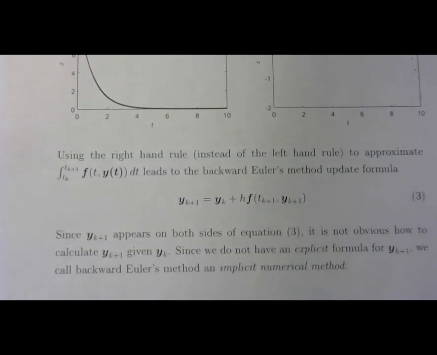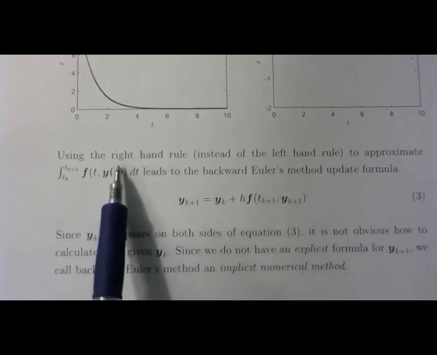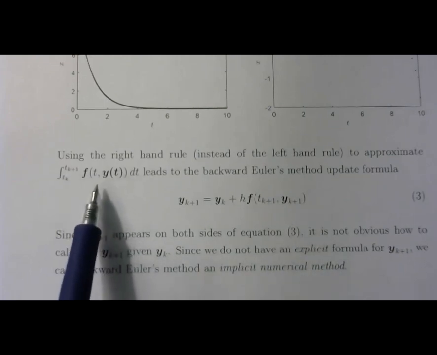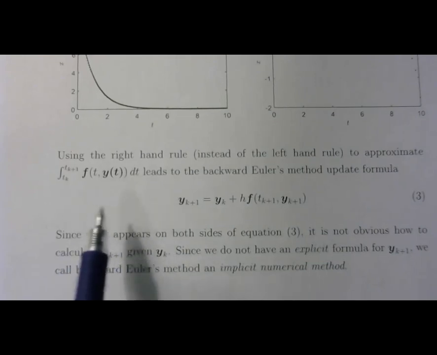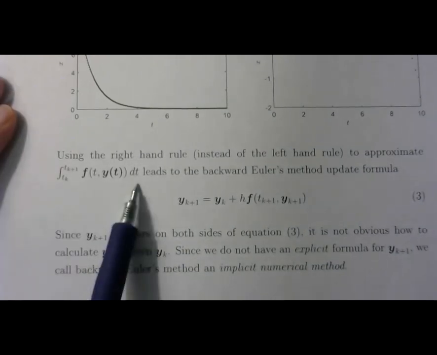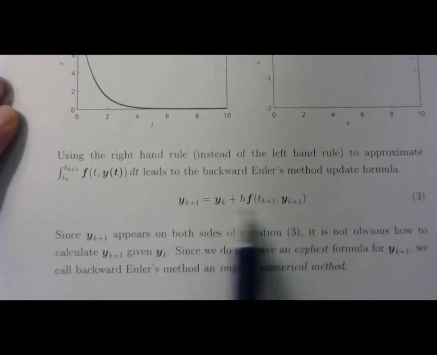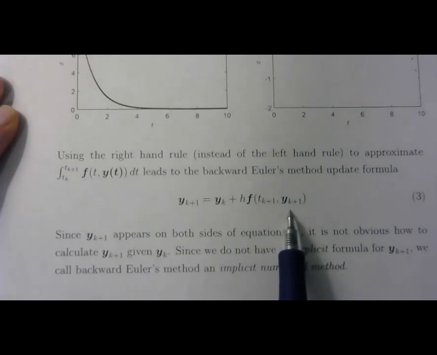So for implicit methods, let's start to look at the right-hand side rule. Instead of approximating the value of the rectangle you would use to draw the area under the curve, let's use the right-hand side endpoint. And so when I do that, I get a discrete time update that looks like this.